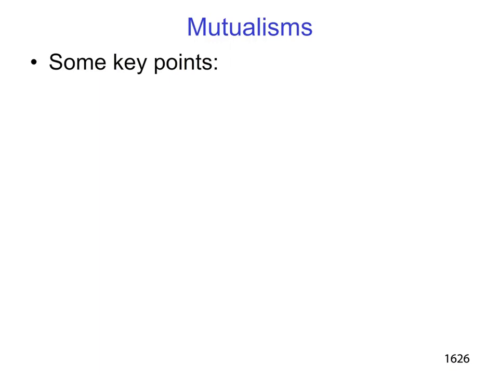Number two, mutualisms do cost something, but the benefit outweighs the cost. Number three, nature doesn't do something to benefit the partner species. Both of them have to be getting something good out of this relationship. And then number four is actually pretty interesting.